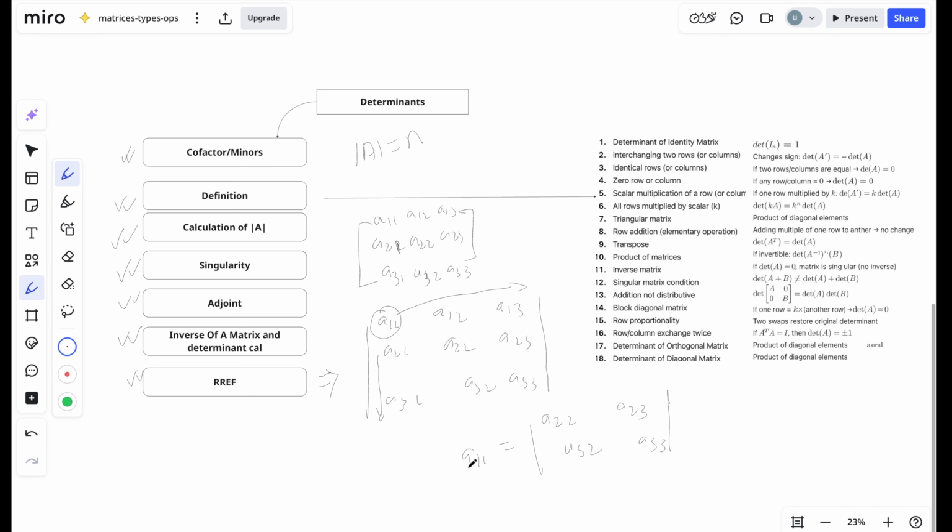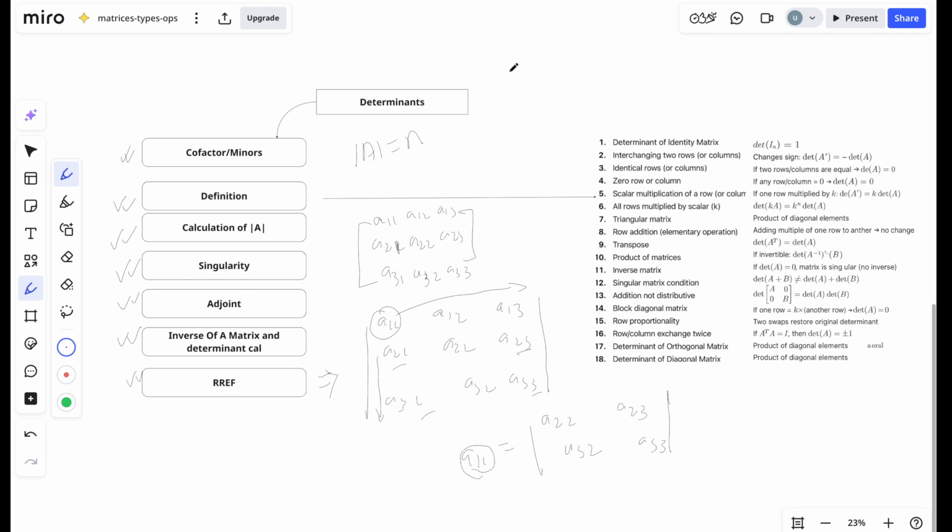So this is the minor of A11. Similarly, we can calculate the minor of A12, which will be basically removing this column and this row, and this will be the minor of A12, like this element, this element, this element, and this element.